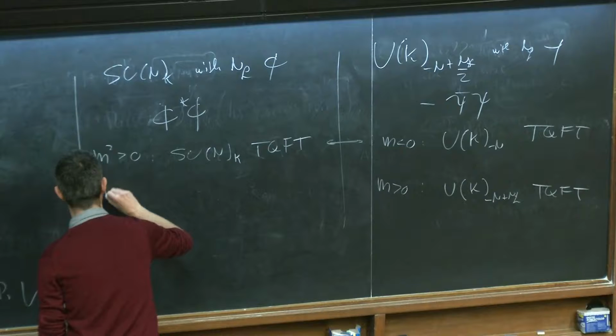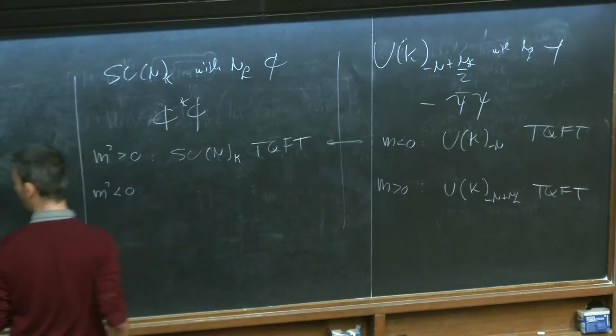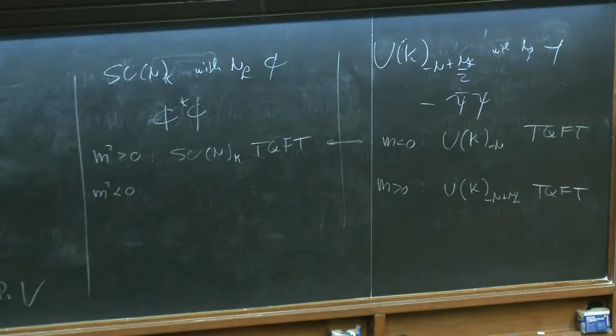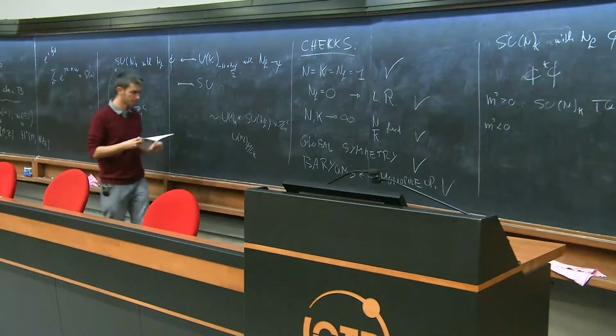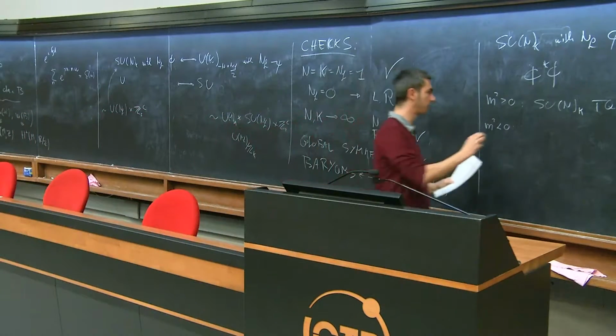What happens with negative mass squared? Here it is a little bit more interesting, because when you give negative mass squared, these fields condense, and we take this mass to be large so that we can do a semi-classical analysis. They will break the gauge group. So here we distinguish a couple of cases.